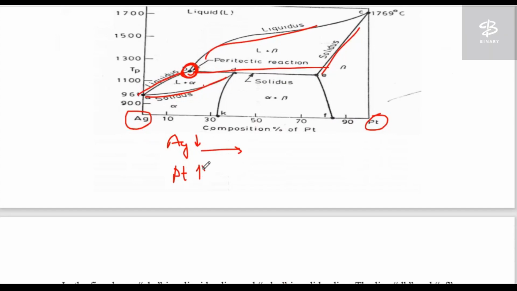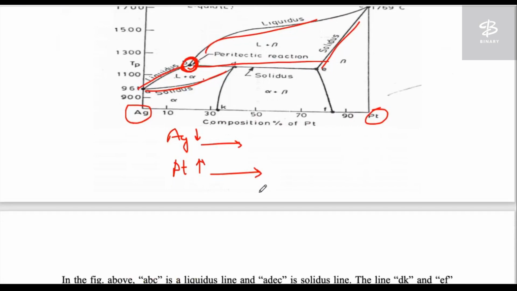So as we move from left to right, the weight percentage of Ag is decreasing and Pt is increasing.